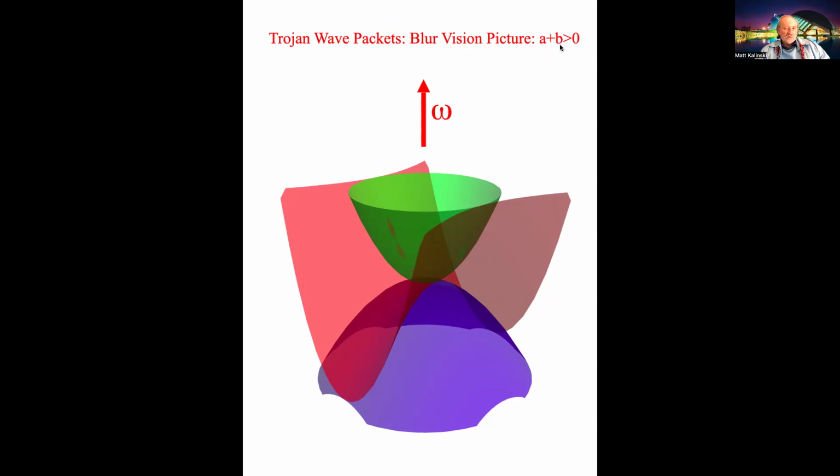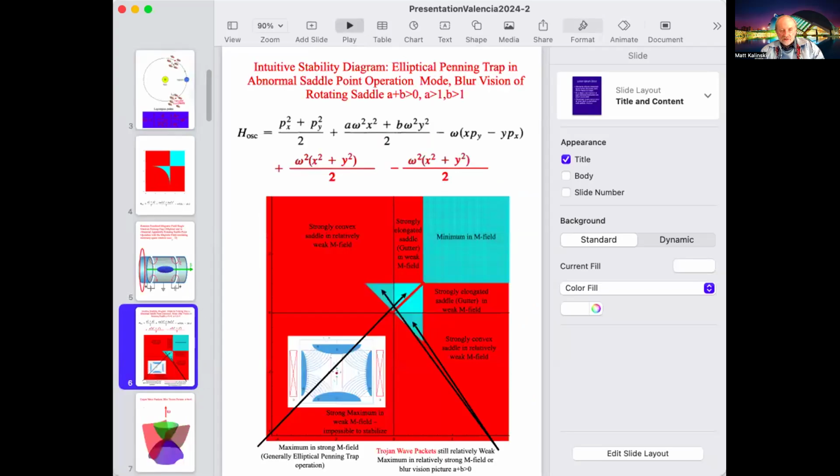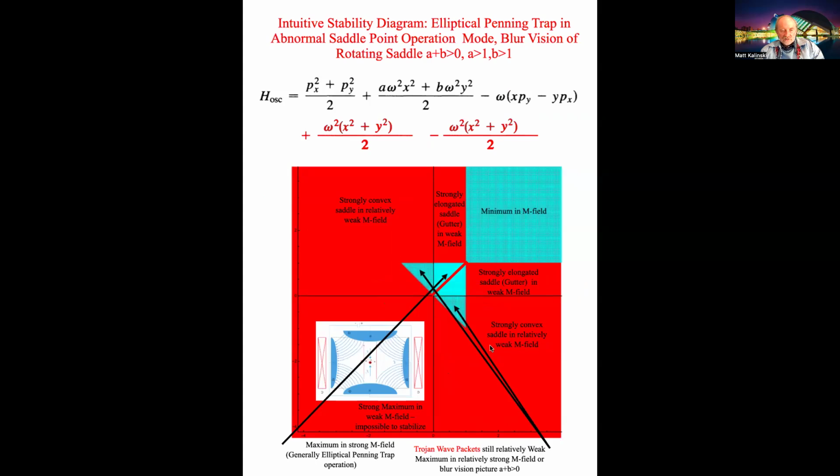And you can simply intuitively demand that if this curvature is dominating over this, simply a plus b is greater than 0, then you can expect stable motions in the lab frame. And this is reflected here exactly, that this is the line a equals minus b, and this triangle is above. This triangle is fulfilling this standard. So you can get at least the half plane without further consideration.